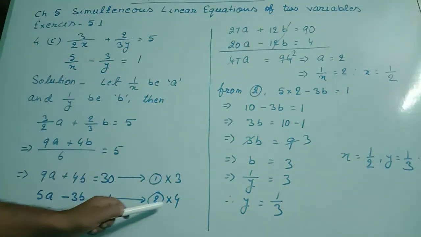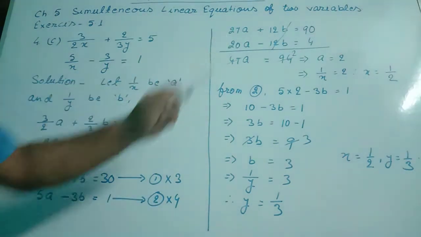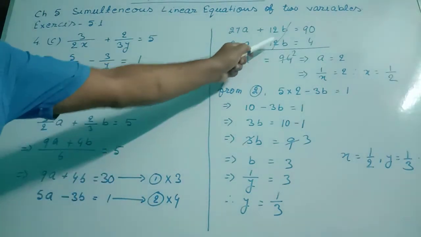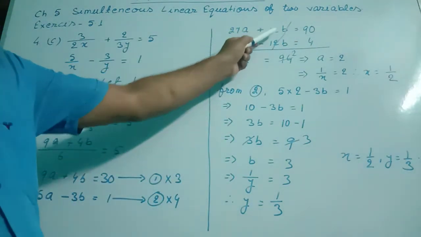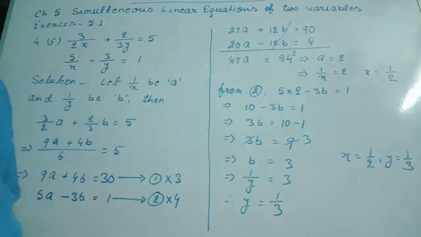Equation number 2 is multiplied by 4, so 4 into 5a, 20a, minus 4 into 3b, 12b, and 4 into 1 equal to 4.